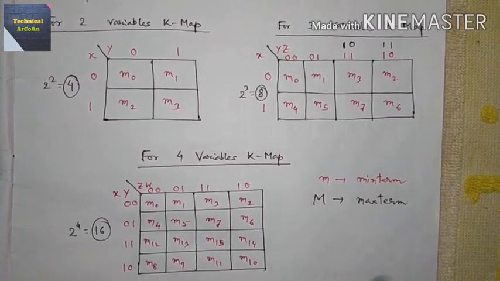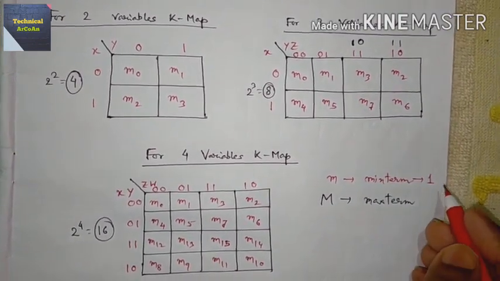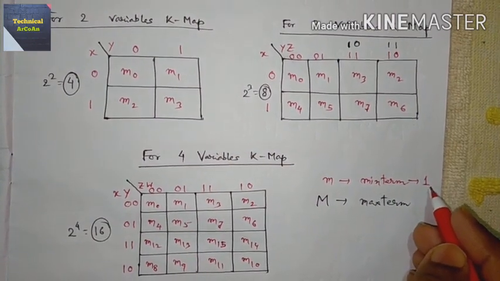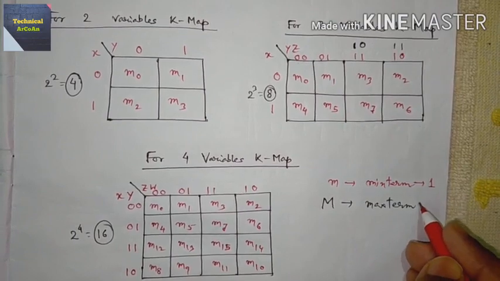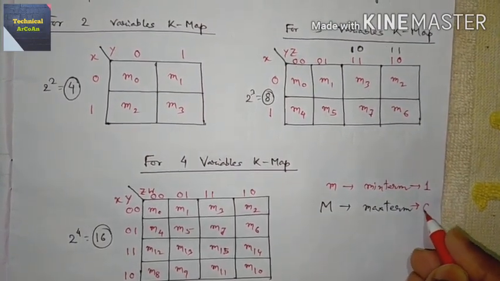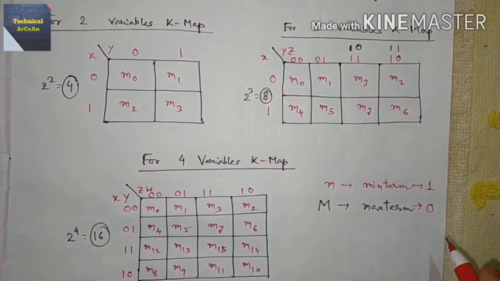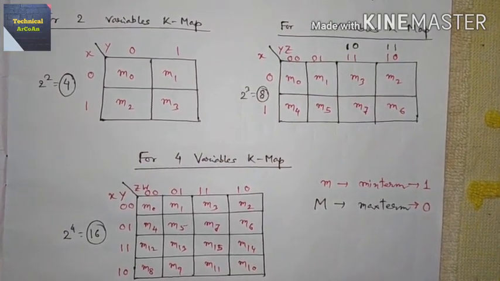As far as Minterm is concerned, we should remember that where the value is 1, the variable is normal, and if the value is 0, the variable is complement. And the same case in Maxterm is reverse. Here when the variable value is 0, it's normal, and when the variable value is 1, it's complement.